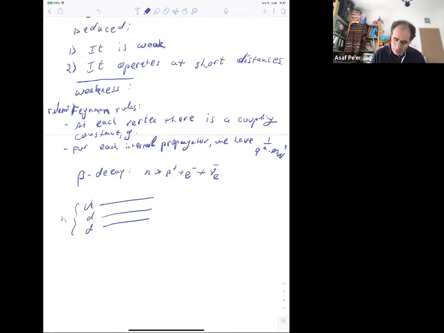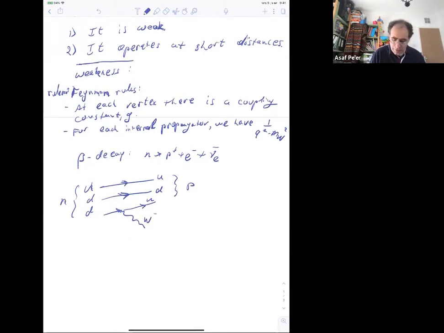One of the down quarks undergoes a beta decay, exchanging to an up quark. This is a proton. And the W boson by itself then decays into an electron and an antineutrino.